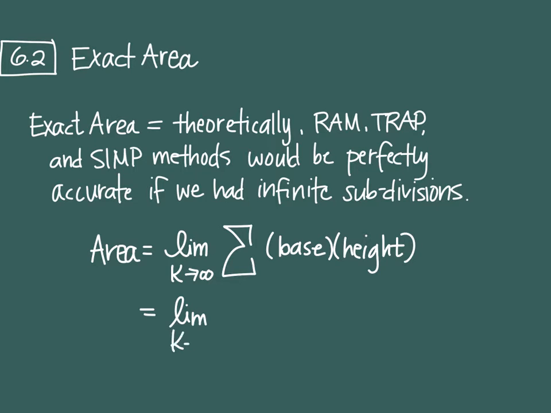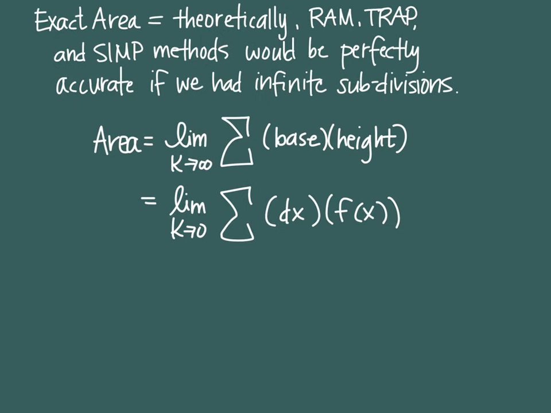In calculus, we write the base as dx, and we write the height as f of x. The base is the differential along the x-axis, so it's that small, tiny little bottom, and then the height, f of x. So what Leibniz came up with, this was all Leibniz, is the integral symbol.